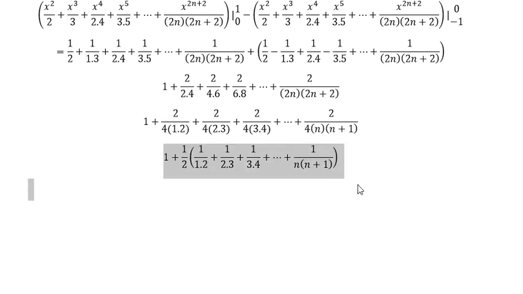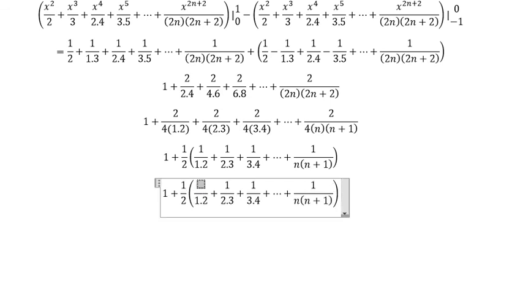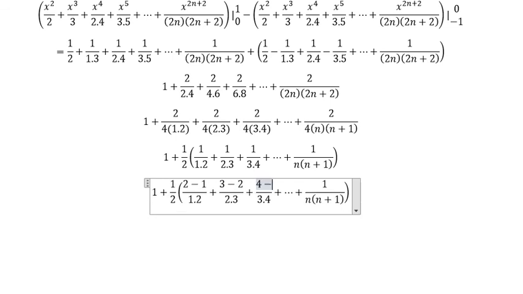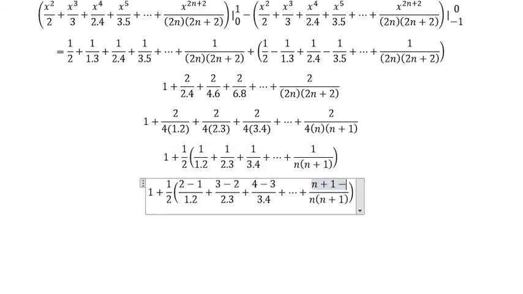The next one, about this series, we have 2 minus 1, 3 minus 2, 4 minus 3, and this is n plus 1 minus n.